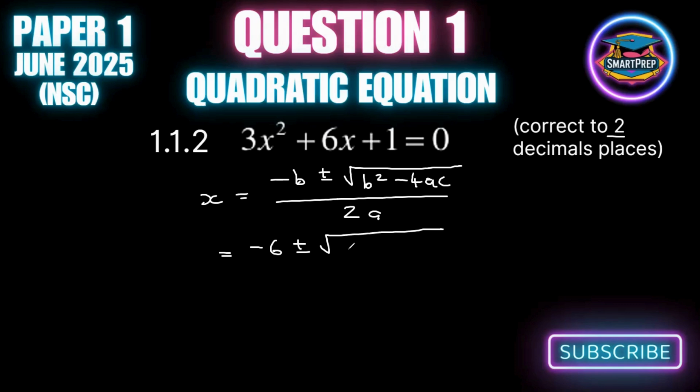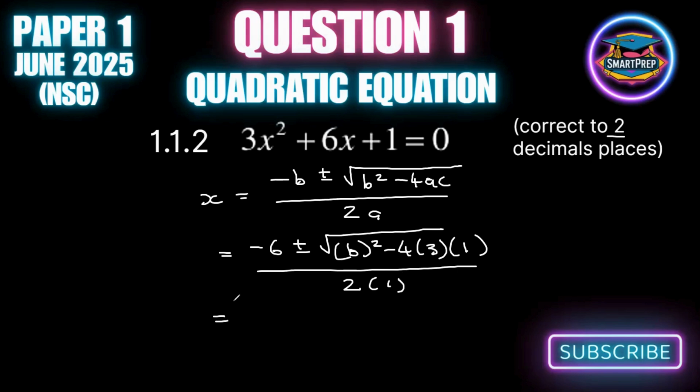Our a is 3. And our c is 1, all over 2 times 1. And we can just pop this into our calculator. And we get x equals negative 1.82, or x equals negative 0.18. Okay, let's go to the next one.